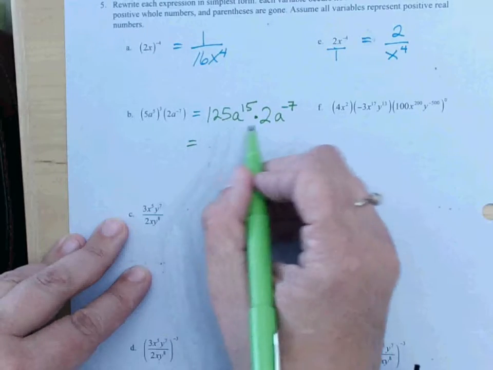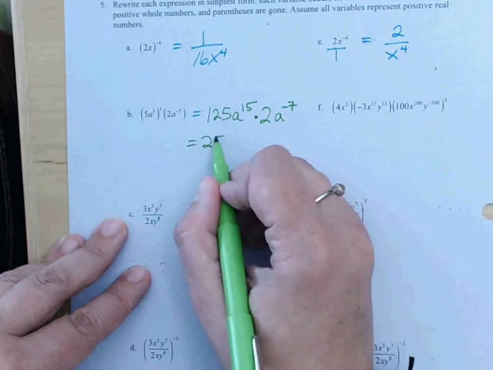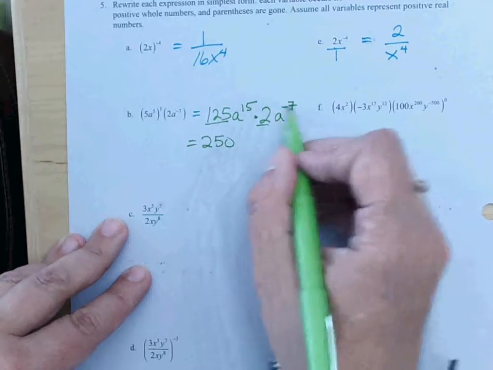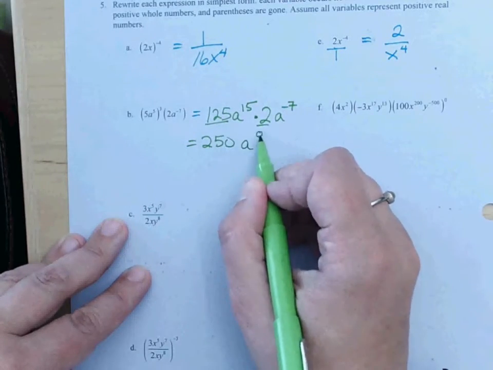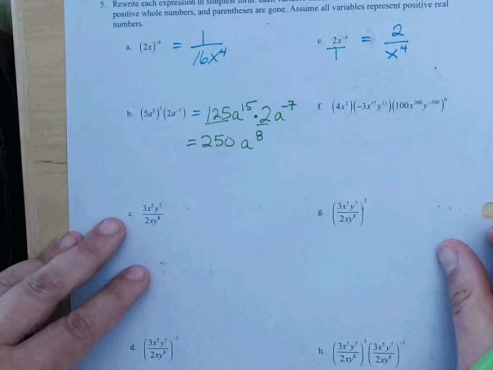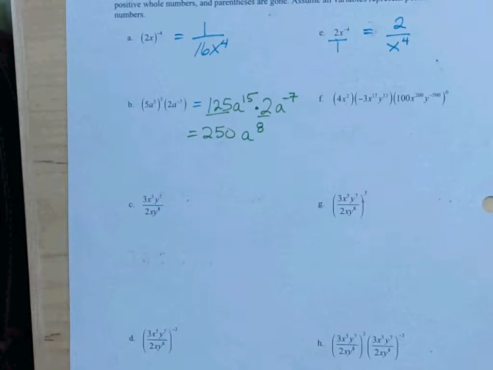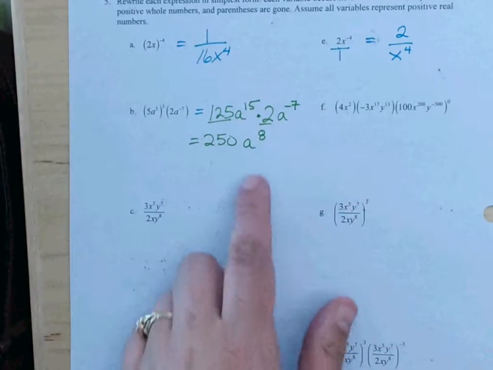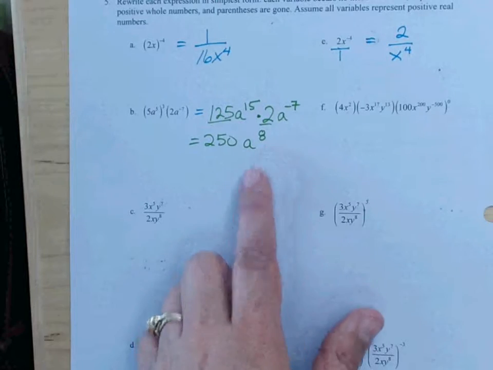What should I do? 250, because 125 times 2, yes, and then a to the 8th, because 15 minus 7 is 8. You could have also taken the reciprocal on the a to the 7th, but because we're just adding the exponents using the product law, we end up with a positive exponent here when we add.